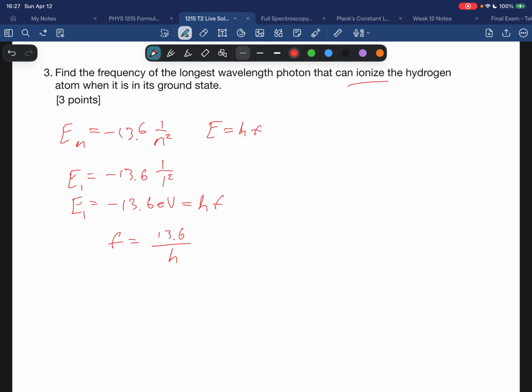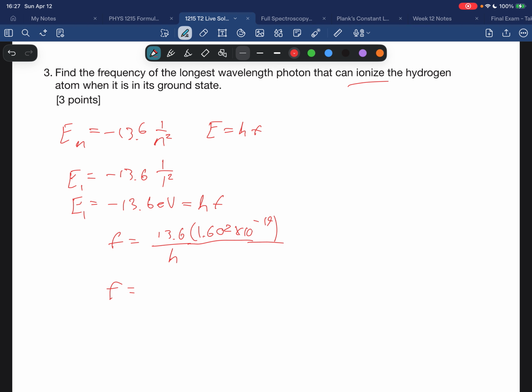I'm also going to have to convert this because right now this is in electron volts. So I'm going to multiply by 1.602 times 10 to the negative 19 to convert this to joules. Because right now, Planck's constant is in joules seconds, so I need my energy to also be in joules for the units to work out here.